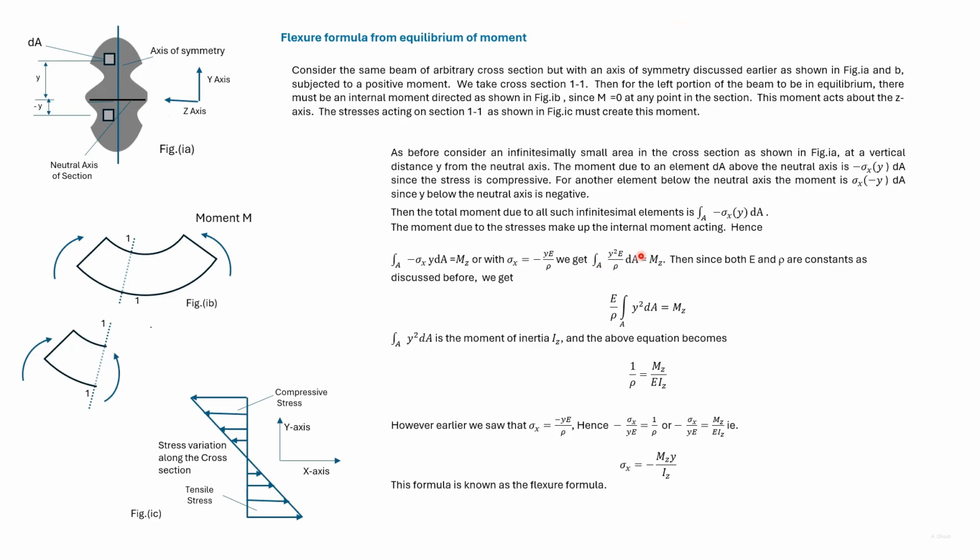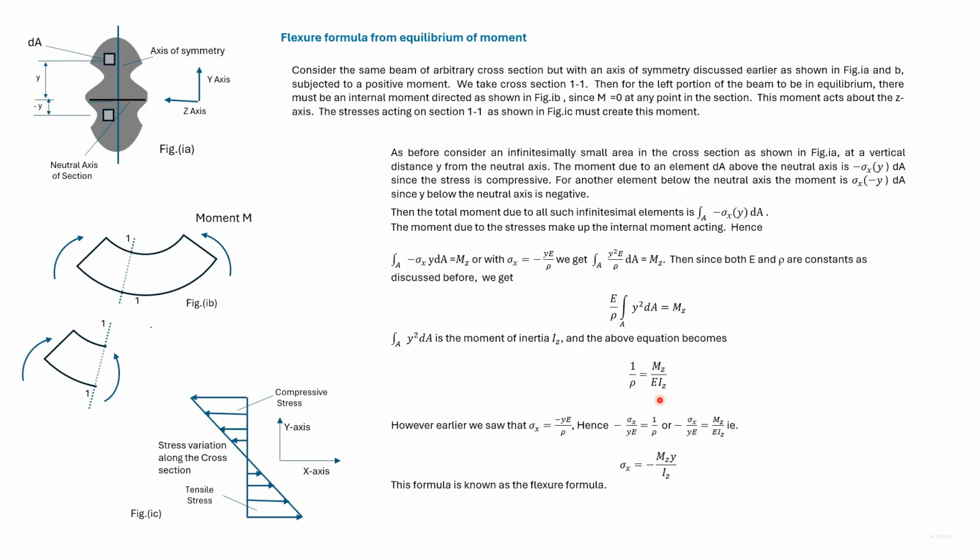Here, Young's modulus and the radius of curvature are constant, so we can take them outside the integration sign. Now, the integration of y squared dA over the whole area is the moment of inertia. Since it is about the z-axis, we write it as Iz.